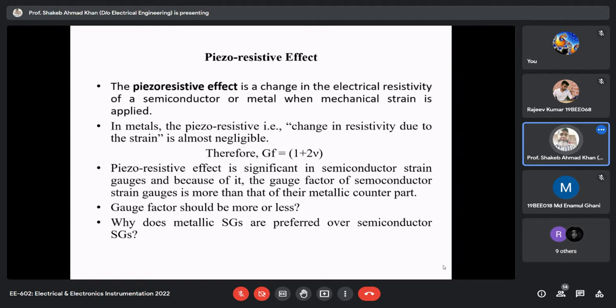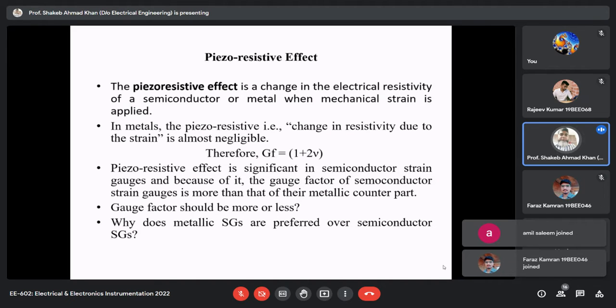Because of this reason, semiconducting strain gauges are not preferred. I'm not saying they are not used at all, but they are not preferred. Metallic strain gauges are preferred because semiconducting strain gauges are more sensitive to the temperature. So this is the reason.